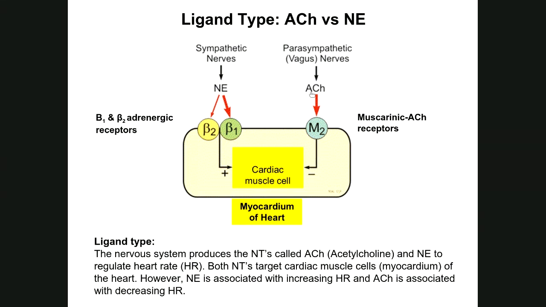It will bind to these muscarinic acetylcholine receptors, and that will have a negative or inhibitory effect on your cardiac muscle cells. And if you look over here down to the bottom right, acetylcholine is associated with decreasing your heart rate. So this acts like the brake.